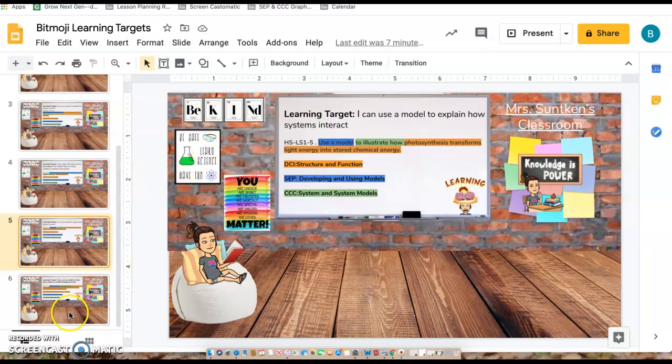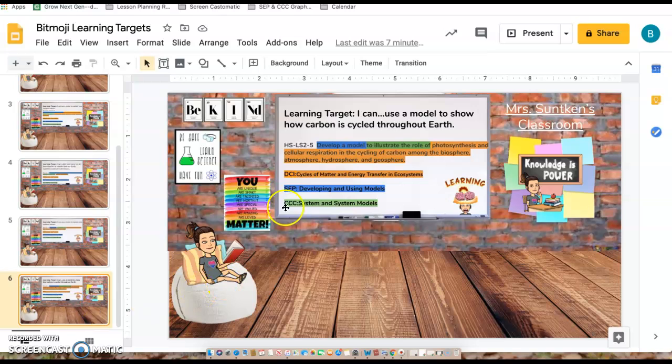And then we have our learning target number 6. This one is: I can use a model to show how carbon is cycled throughout the earth. Our standard is LS2-5, and it says develop a model to illustrate the role of photosynthesis and cellular respiration in the cycling of carbon among the biosphere, atmosphere, hydrosphere, and geosphere.